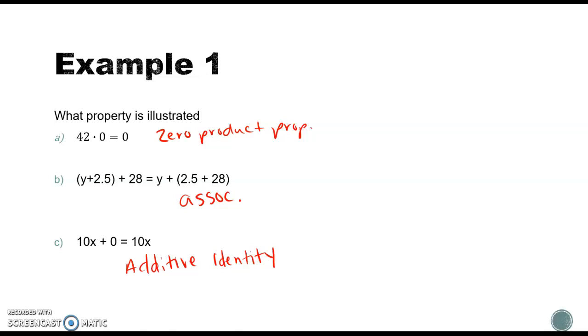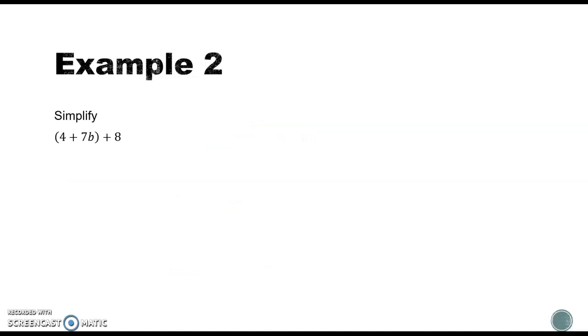So use your notes because you've got that table there to help you find what you're looking at. All right, so here we're going to simplify. Technically, I'm going to do this the technical way by doing the commutative property and then the associative. Yes, if we're just combining like terms, you can just take 4 plus 8.